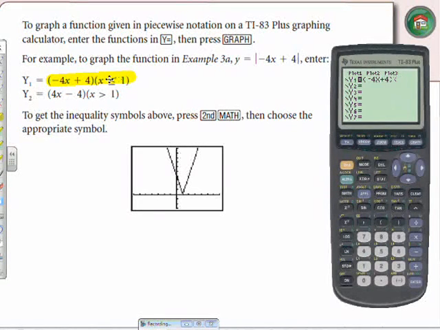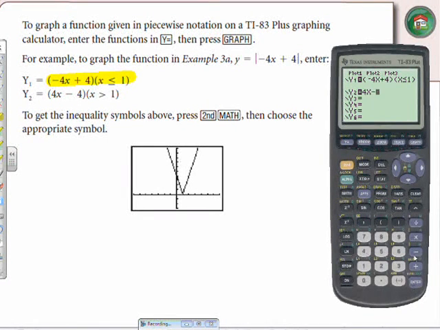Now open your bracket. We want to find your inequality signs. So x, it's in second math. Second math gives you your test features. We're looking for the less than or equal to, so number 6, the 1. End your bracket. Enter.